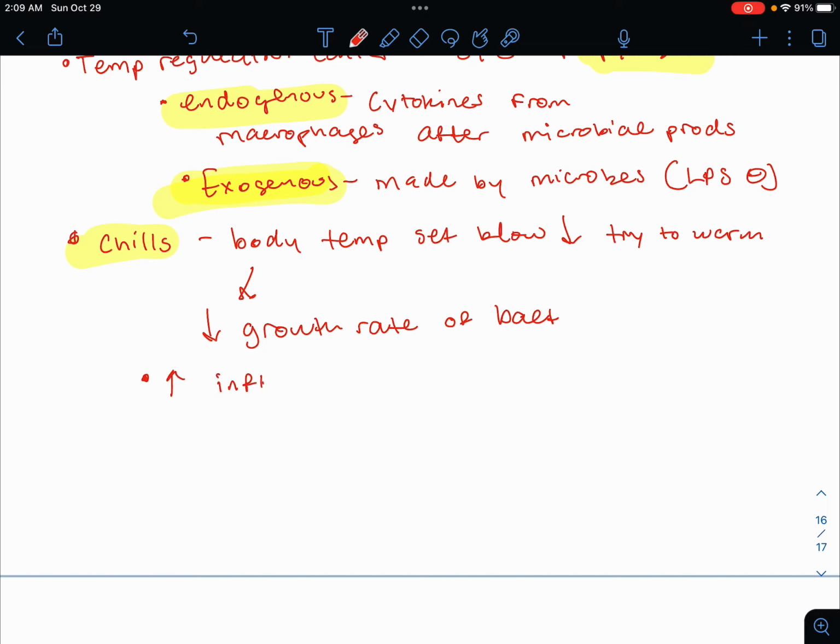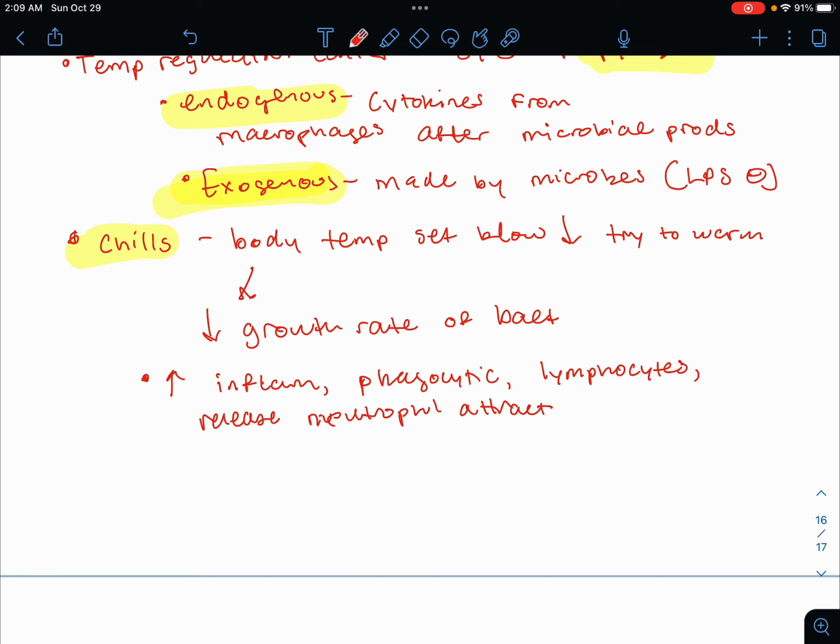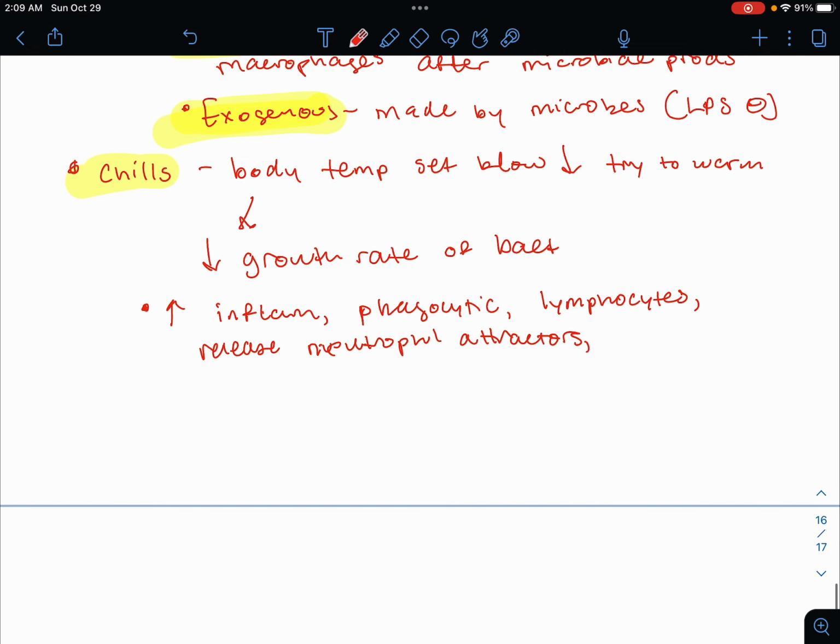We have inflammatory response, phagocytic activity, lymphocytes. This is all again because of the heat. We're going to increase lymphocytes, release neutrophil attractors. We're going to make interferons.